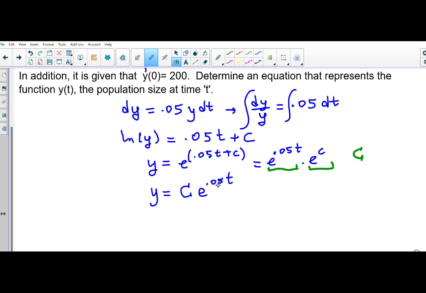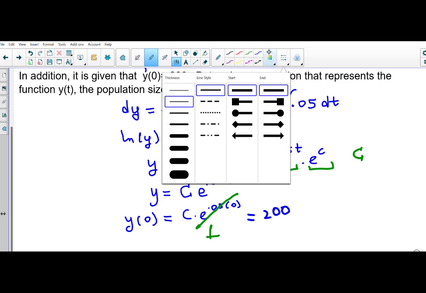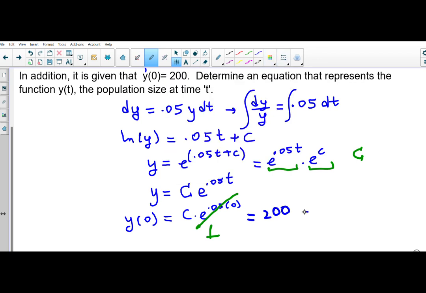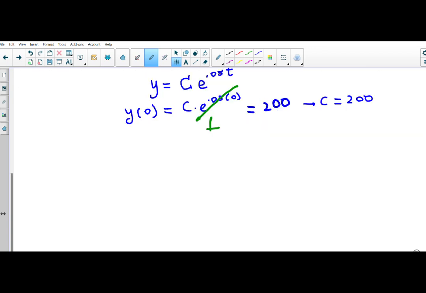Okay, so we're going to plug in a 0 for t. So c times e to the 0.05 times 0. So now e to the 0 is 1. And this whole thing should be equal to 200. That was given in the problem. So therefore, we automatically get from here that c is equal to 200, right? And now that you have determined what c is, you can go ahead and plug that into the equation.